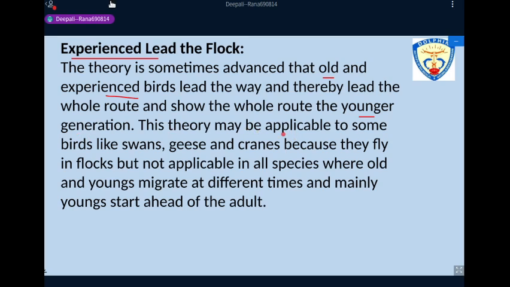This theory may be applicable to some birds like swans, geese and cranes, because they fly in flocks, but not to all species, where old and young ones migrate at different times, and mainly the young ones start ahead of the adults.